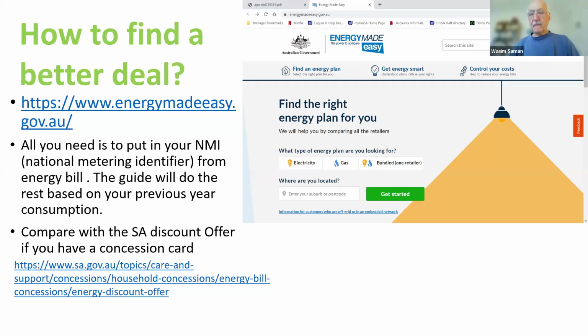Okay. But certainly I always recommend Energy Made Easy because it's independent, it's government side, it's up to date. It's not perfect, but it's the best possible way of getting the best deal.